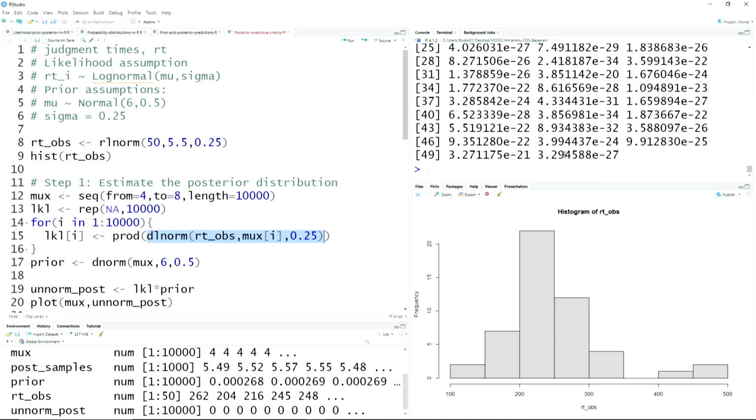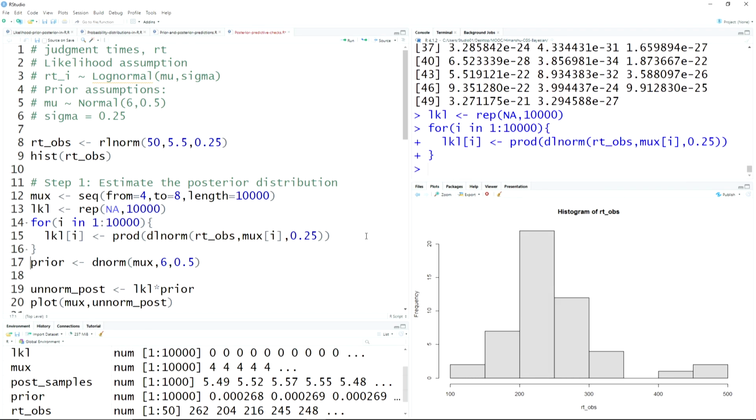When you multiply the likelihood of each of the 50 observations, you get a joint likelihood, which is basically the likelihood of joint occurrence of these 50 data points. That is what we are calculating here.